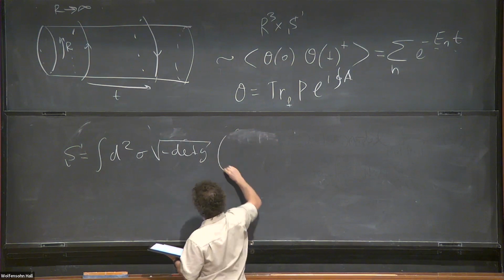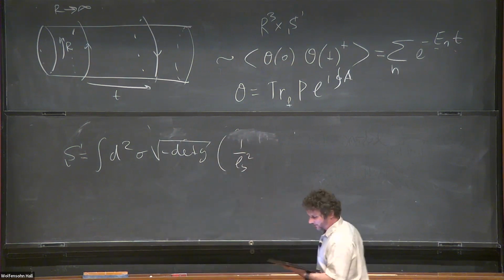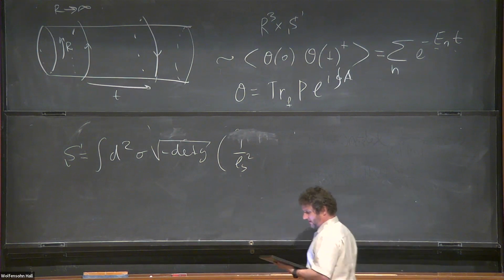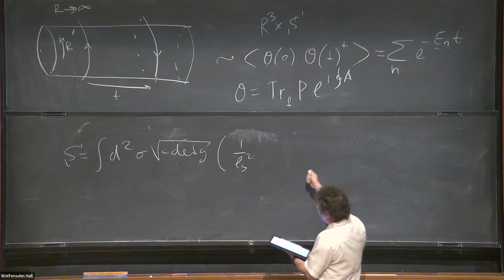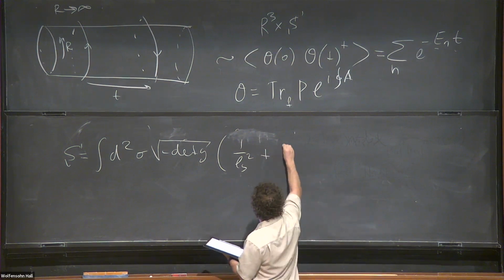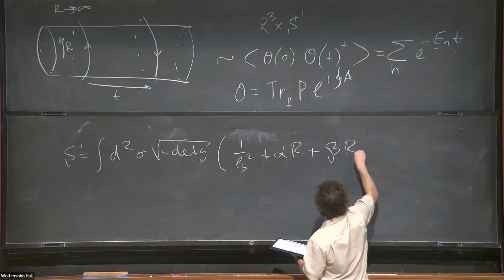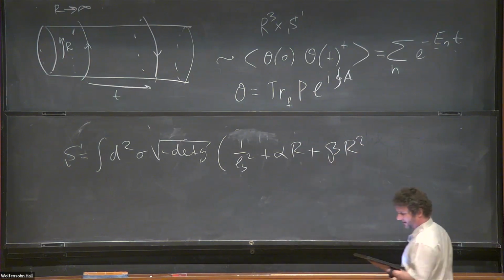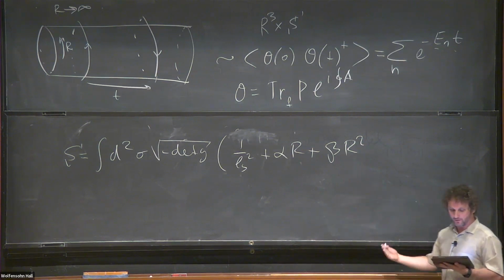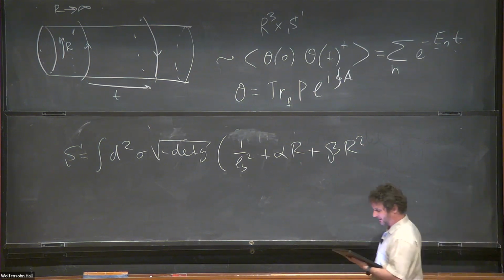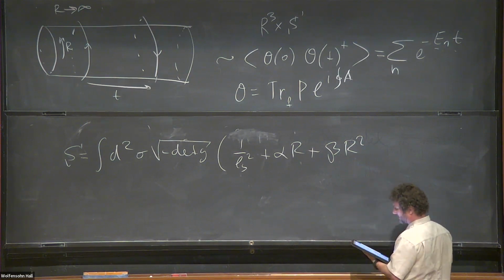So the first term is just the Nambu-Goto action. That's how I define my string tension. And then, in principle, one may write all possible geometric invariants, like R plus beta R squared, where R is the intrinsic curvature of the worldsheet, a curvature constructed from the induced metric.